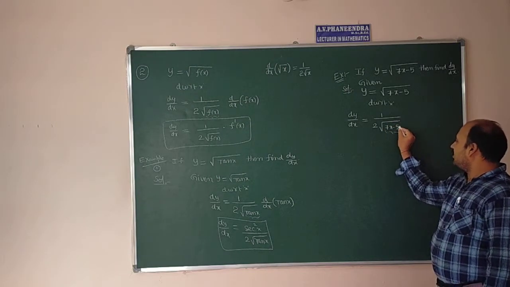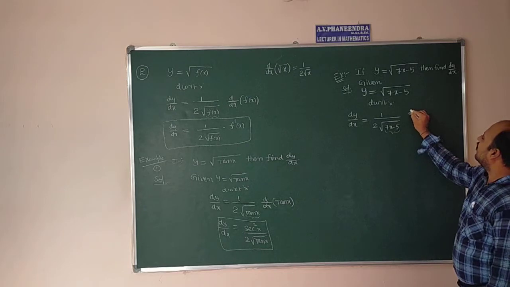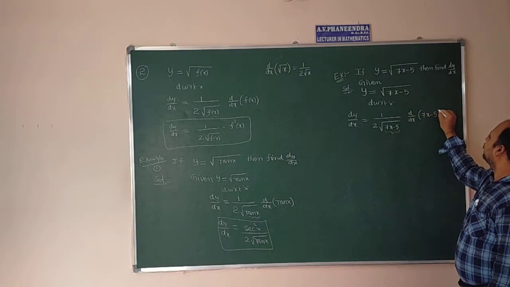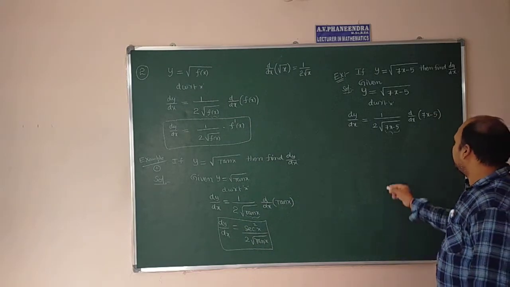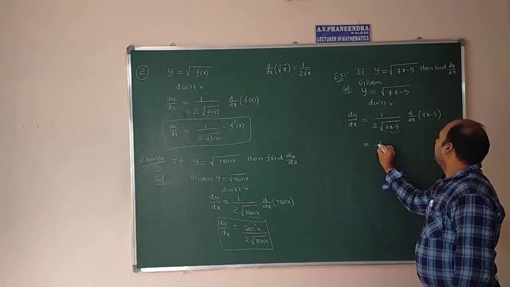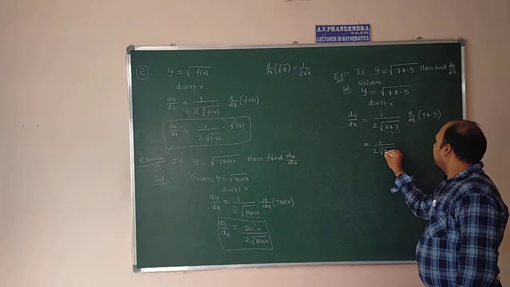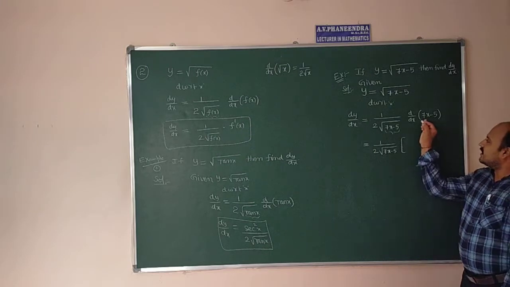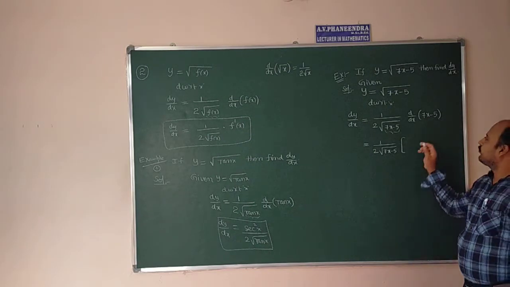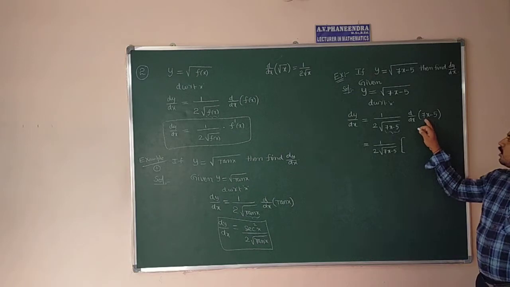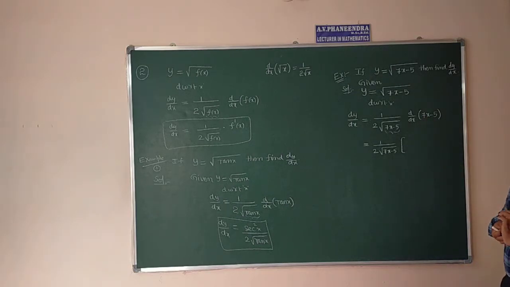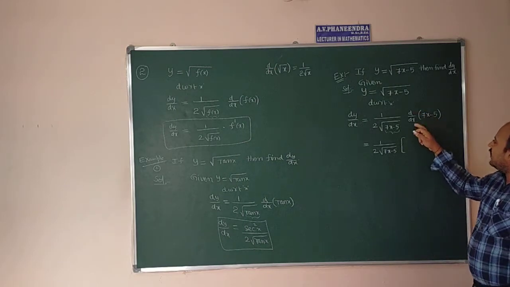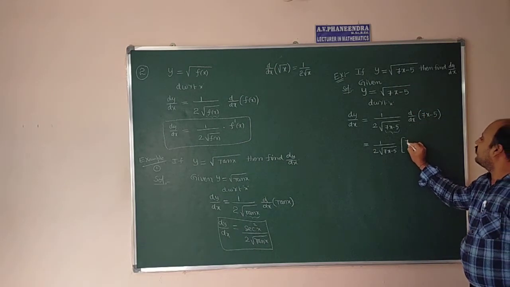After that, this is the involving function. So d by dx of 7x minus 5, which is equal to 1 by 2 root of 7x minus 5 into, each and every term you have to differentiate. While differentiating, in the product of two functions, if one function is constant, you can take it outside. So d by dx of 7x, 7 you can take outside.